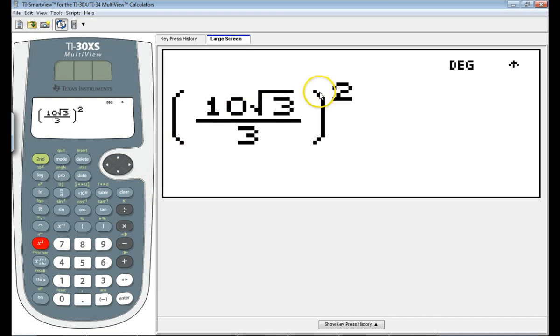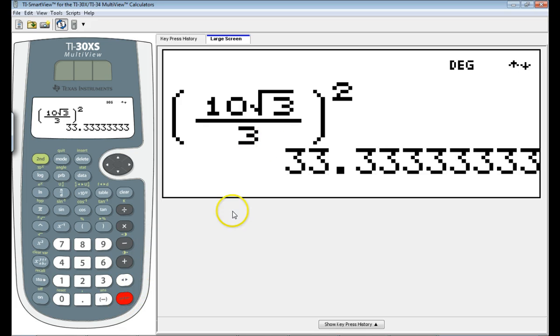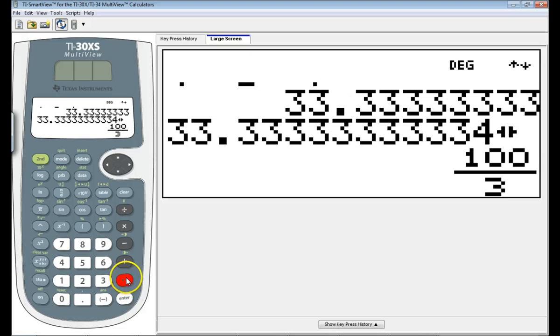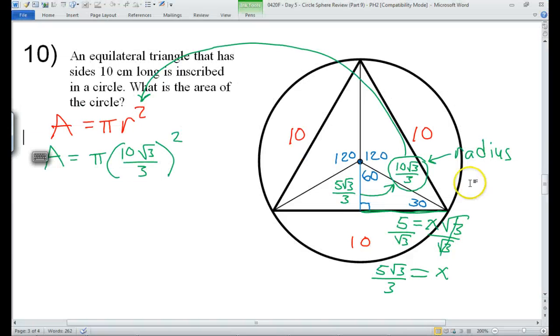If you type it into your calculator, it's going to look like this. If I hit enter, it's going to give me this decimal right away, which is fine if the multiple choice answers are decimals. But what if they are not decimals? Sometimes if I hit this button, it will give me an exact answer without the decimals. So 100 over 3 is what I have.